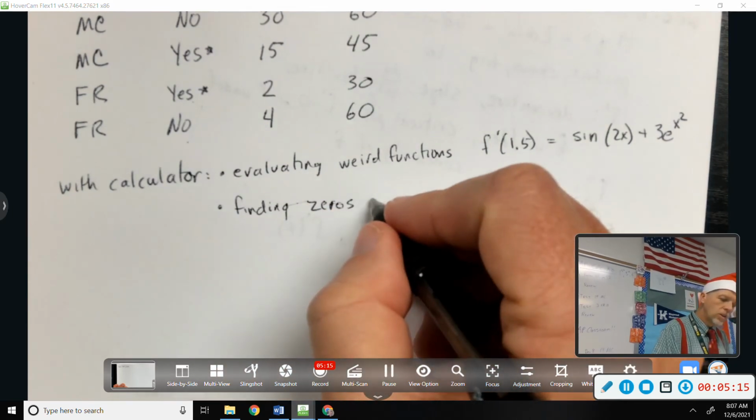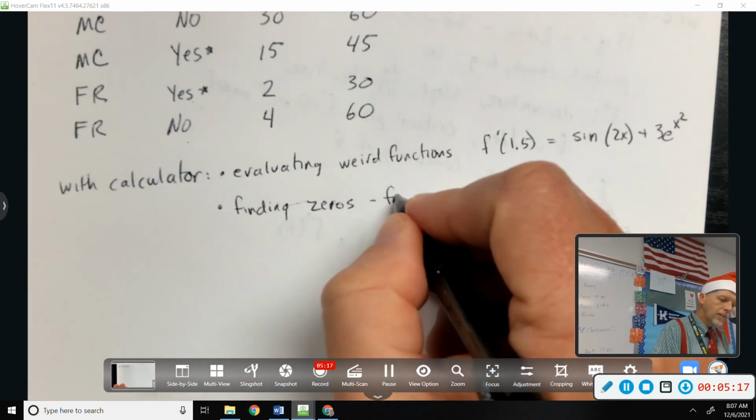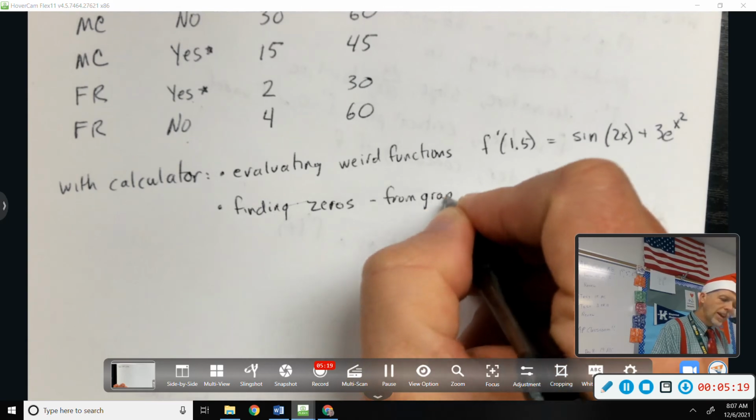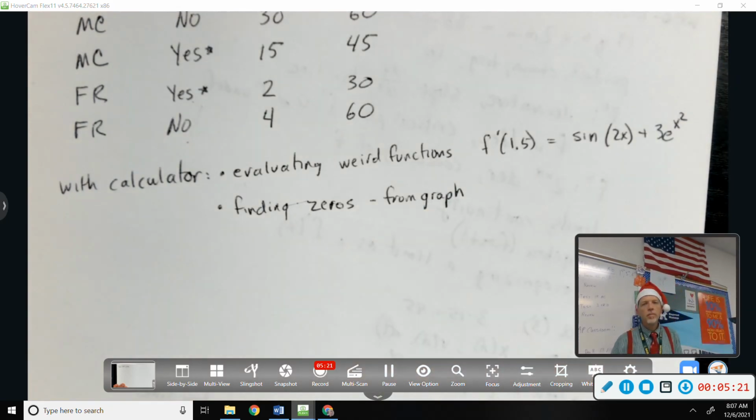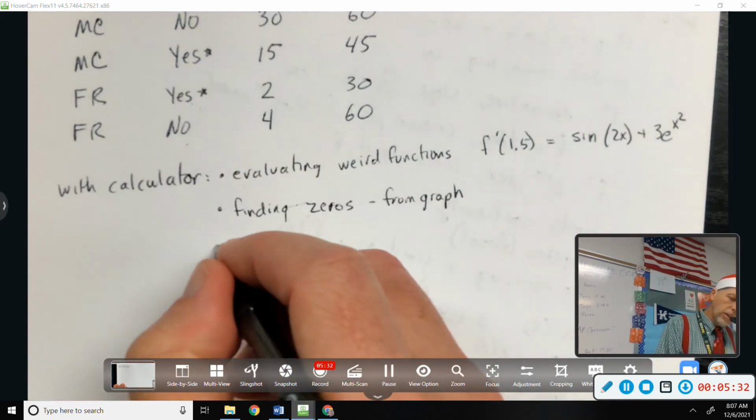Finding zeros, usually from the graph. So the second calc zero thing. Actually, I'll put all of those together.